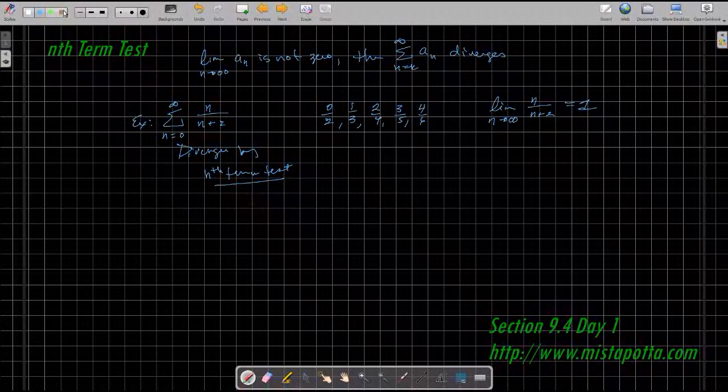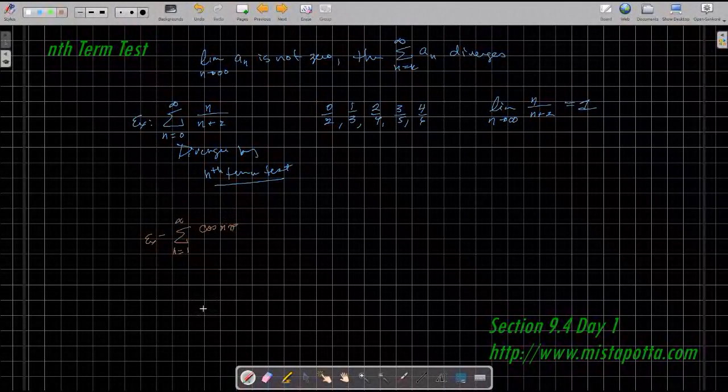Let me do one more example of this. Let's take a look at the example where I'm dealing with the sum from n equals 1 to infinity of cosine n pi.